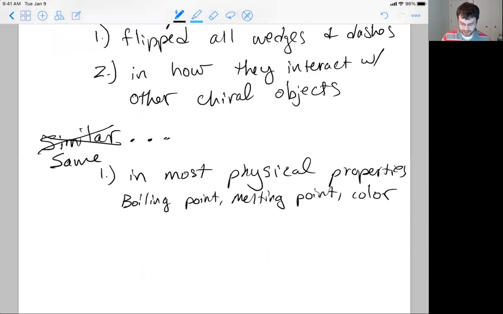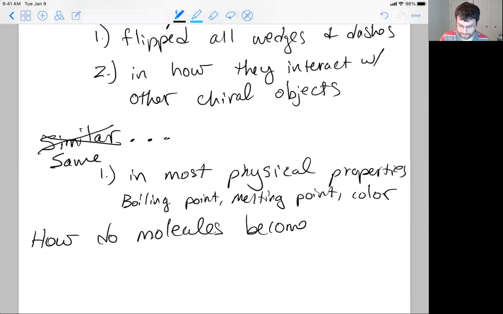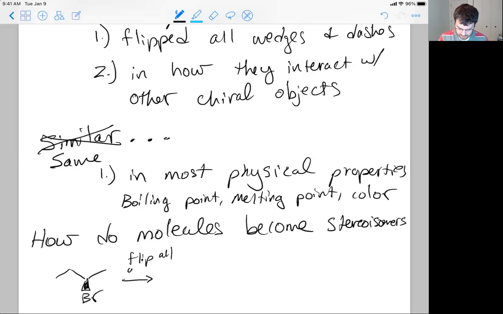Now, how do molecules become stereoisomers? Well, I hinted that you would take all of the wedges and flip them. Flip all wedges and dashes.